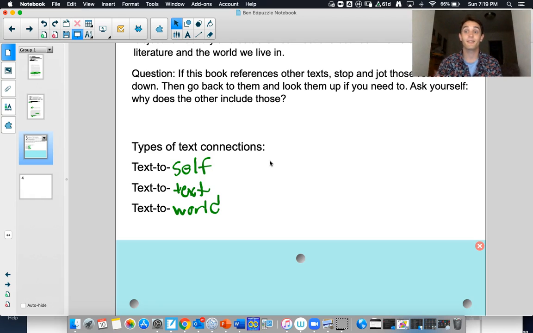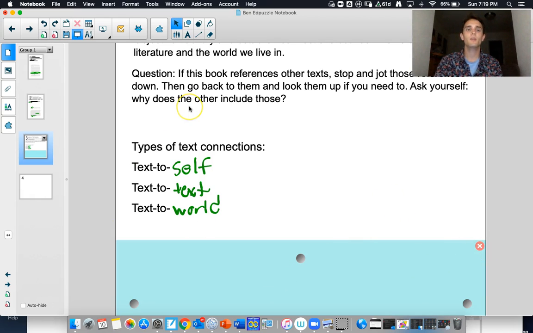Like, I know that oftentimes a lot of politicians have been referencing dystopian literature to parallel what's happening right now with all of the stay-at-home orders and the diseases and everything, and corona. They try to draw those kinds of text-to-world connections. Or if you hear, that's very Orwellian, a lot of people are trying to establish a text-to-world connection.